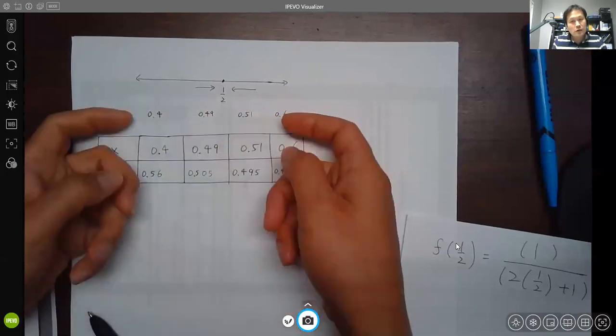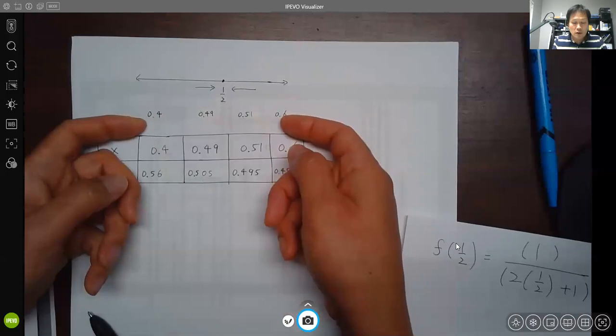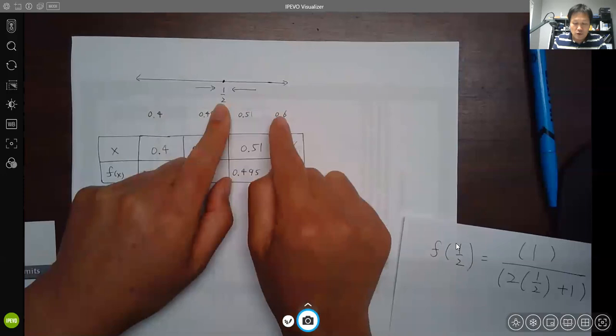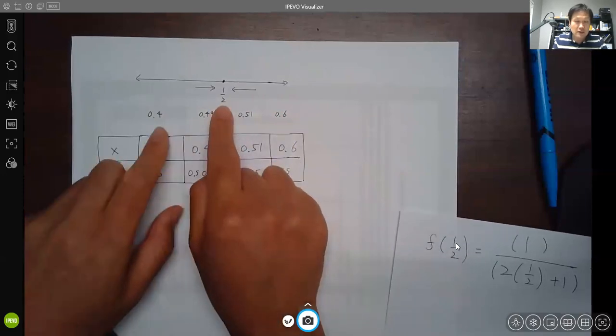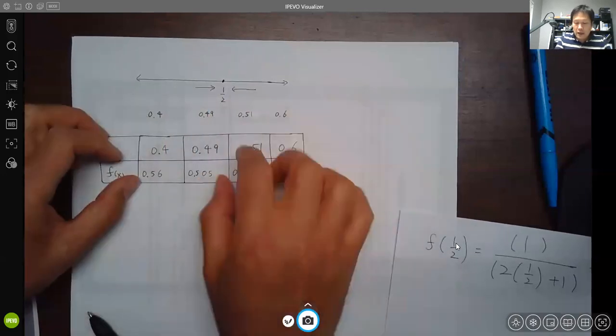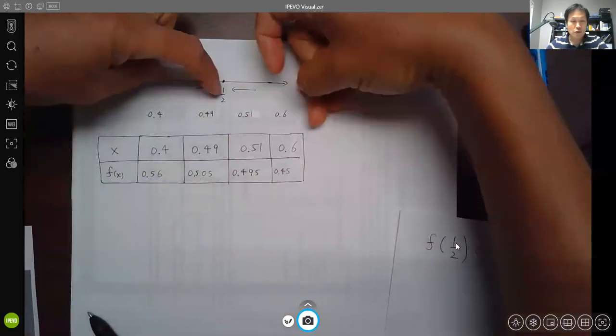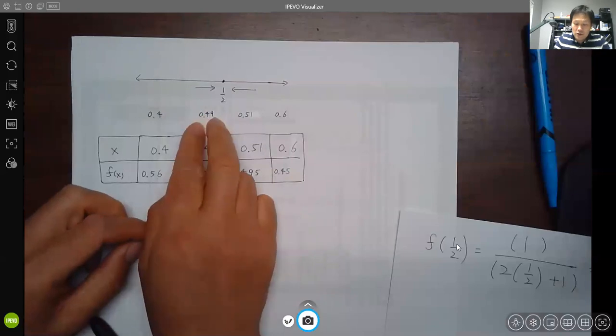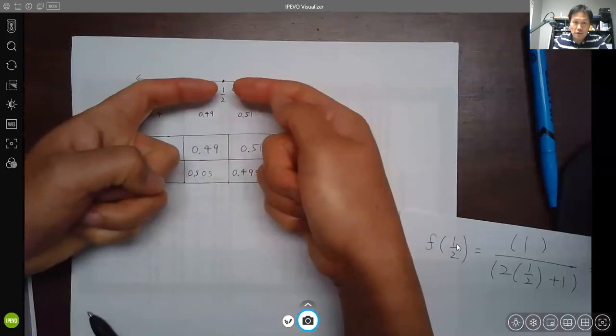I also went a little further, 0.1. So I did 0.5 plus 0.1 and 0.5 minus 0.1. These gaps are 0.1, and these gaps are 0.01, so it's getting closer to 0.5.